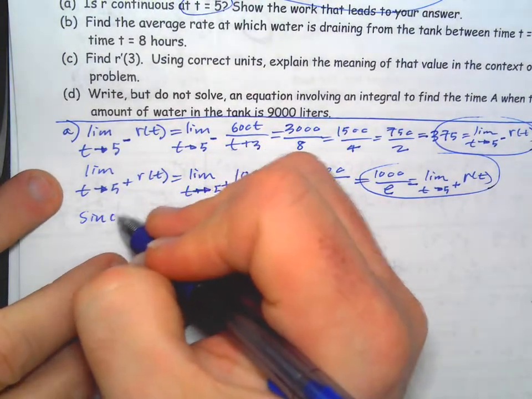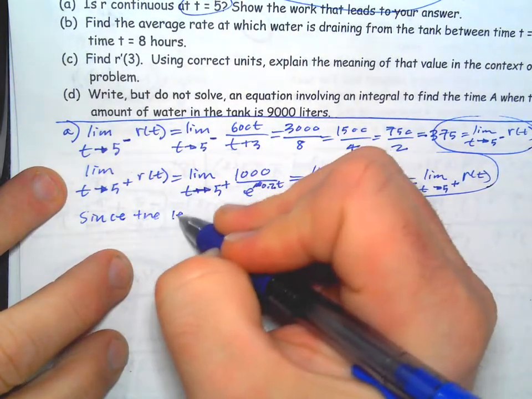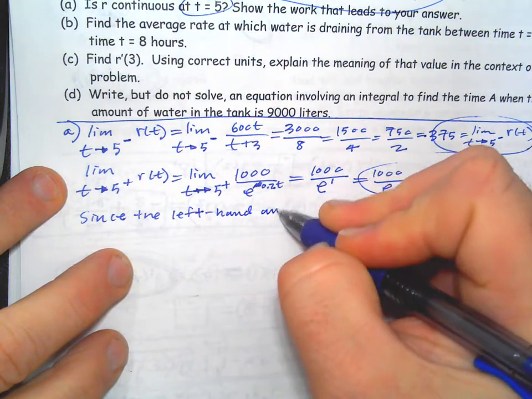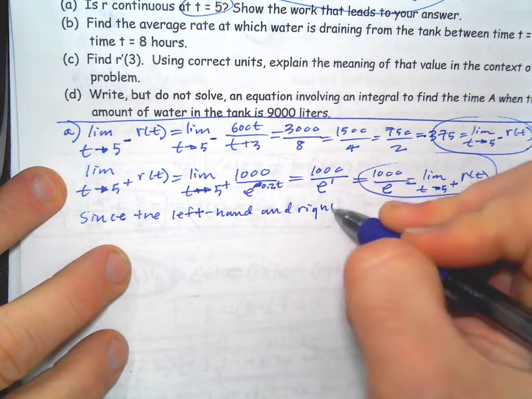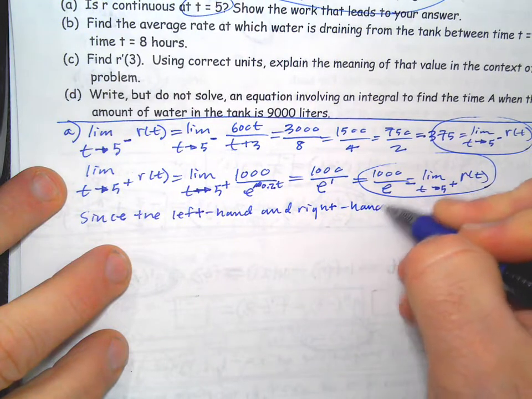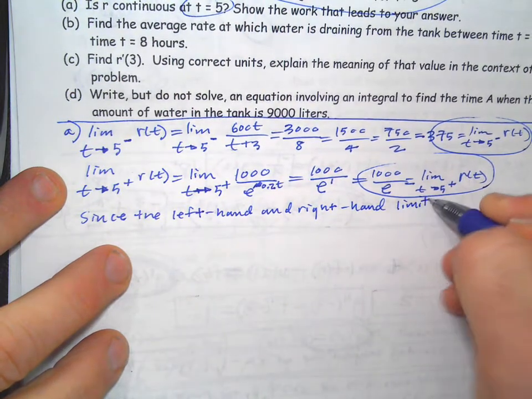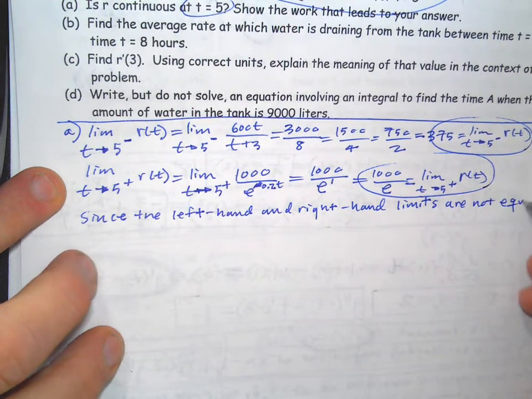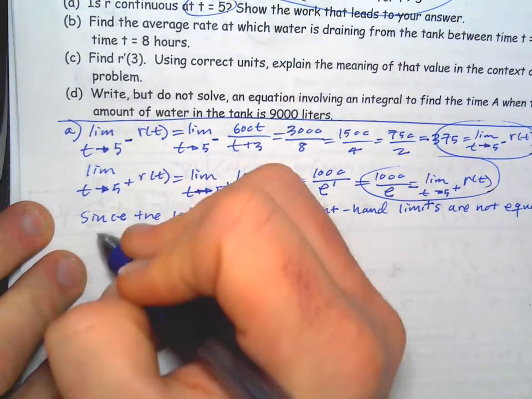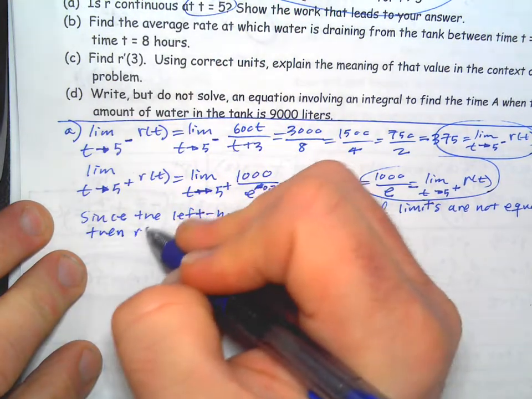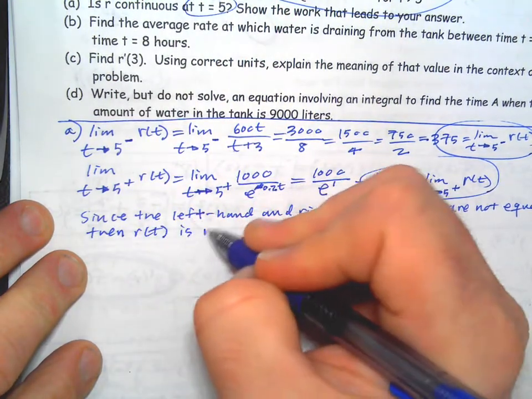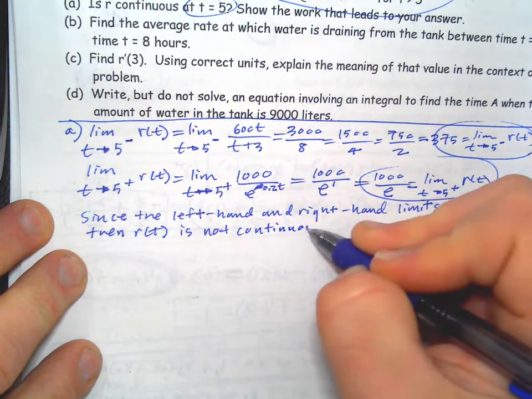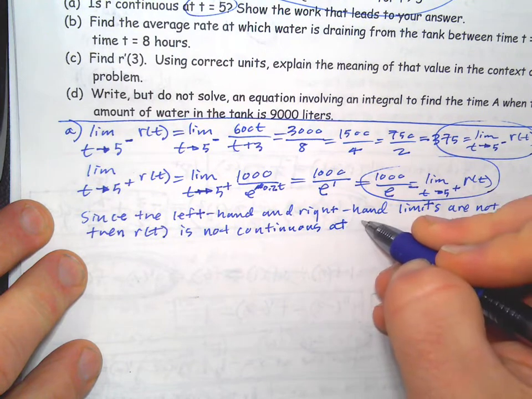So we got to write something about that. Since the left-hand and right-hand limits are not equal, then R(t) is not continuous at t equals 5.